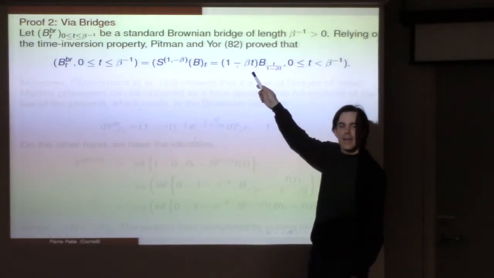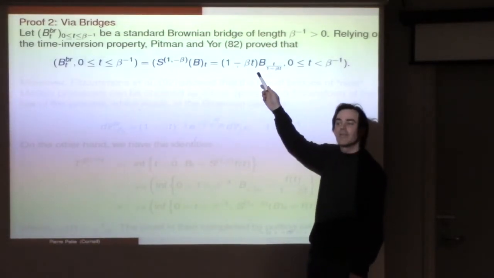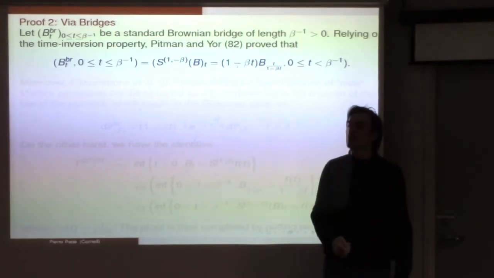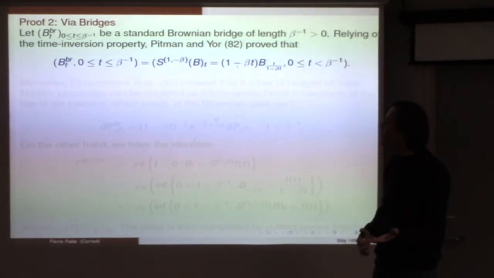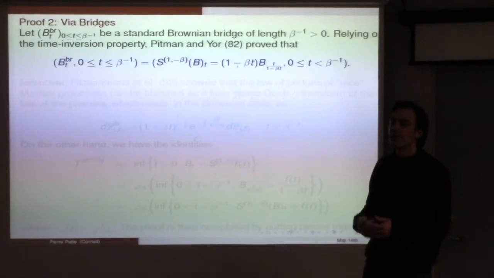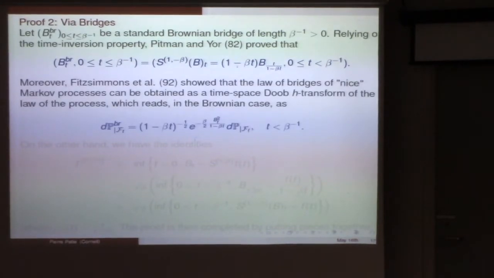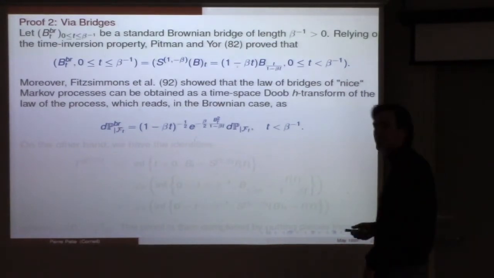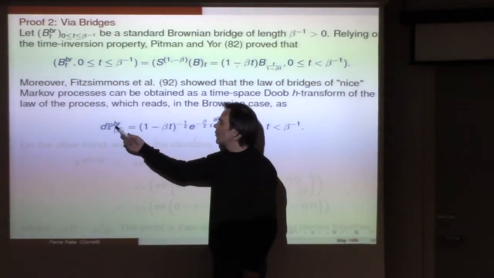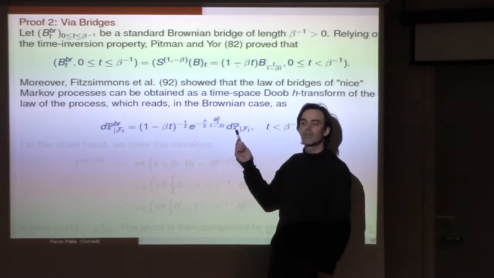So it takes this time-space transformation, and this time-space transformation is possible due to the time inversion property. To do this, you simply compute the transition density of the two processes, and the time inversion property plays a key role. So then the idea is that you have also a Martingale linking the law of a Brownian bridge with the law of the Brownian motion itself.